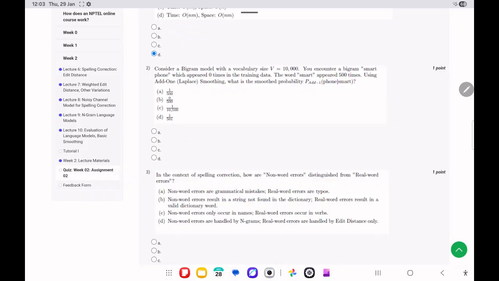So the formula is there, that is P add-1, which is equal to count of smartphone plus 1, divided by count of smart plus the vocabulary value.